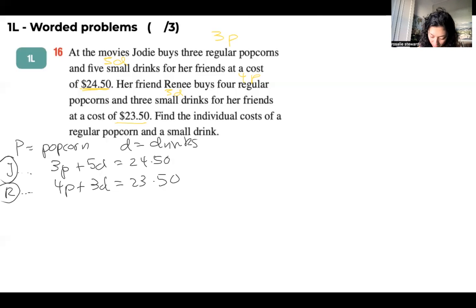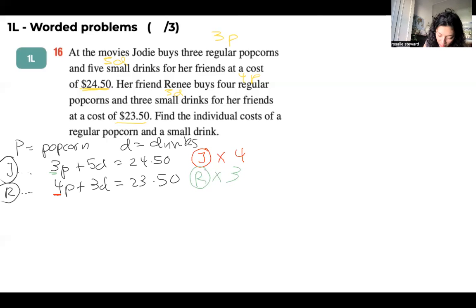So that means I need to multiply this whole equation by 4, and I need to multiply Renee's equation by 3. Okay, so let me just do that. Let me just color code that, so that it's a bit easier to see. I need to multiply Renee's equation by 3, because we're eliminating the popcorn, and that's the thing we want to have in the same value.